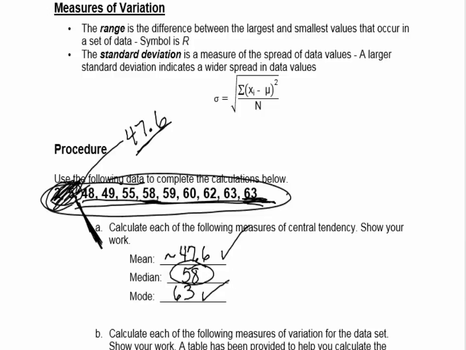If you're a company and your parts are coming off the manufacturing line, do you want lots of variation or little variation? So we need to figure out how much variation there is in this data. What if these were measurements?